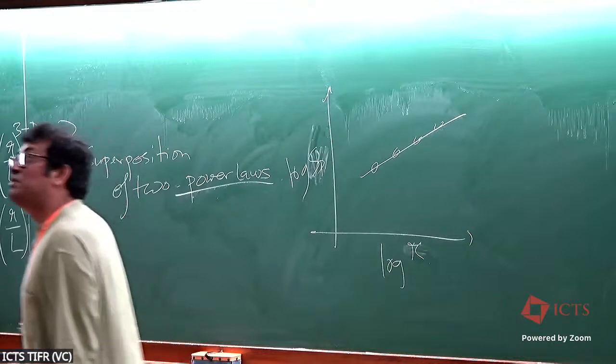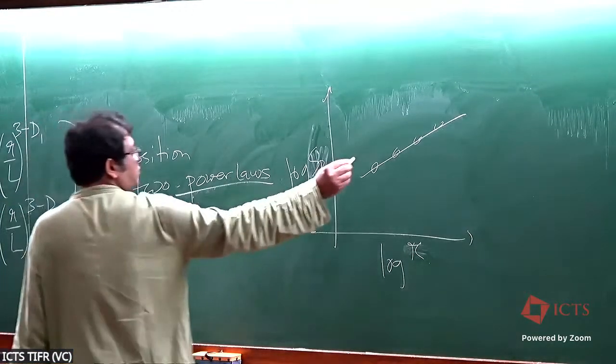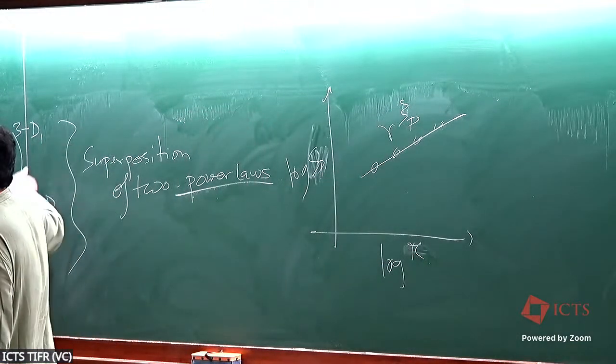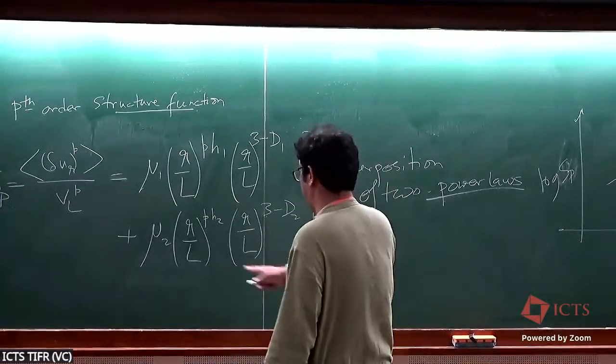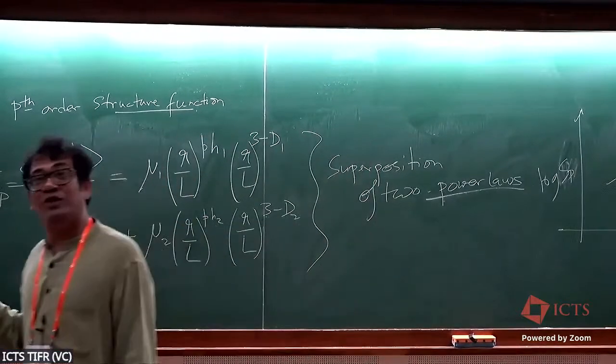Maybe it's noisy, but you will fit one straight line and you will get one exponent, up to the power zeta, right? So if there's a superposition of these two exponents, because R over L is going to be a small number, we did this yesterday for the Burgers equation.